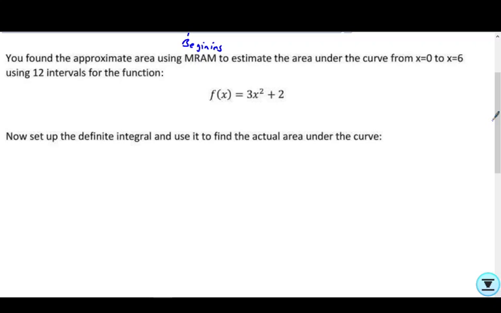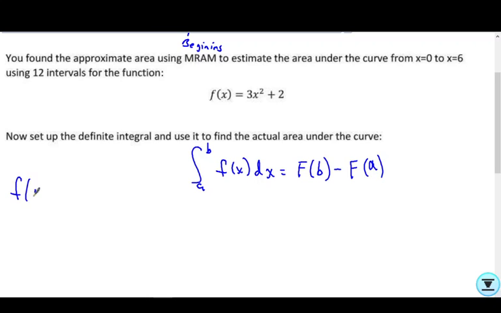Okay? So again, I'm going to be using this equation from a to b. The integral of my function f of x dx equals the antiderivative at b minus the antiderivative at a. So I know what f of x is. So now I've got to find the antiderivative.